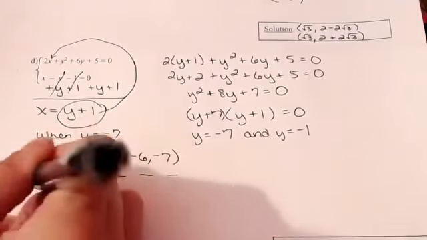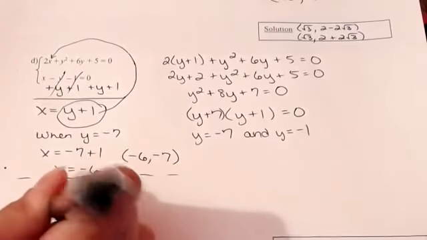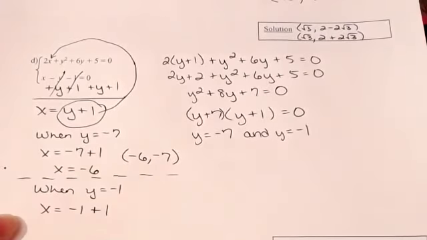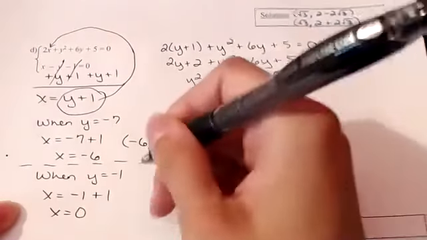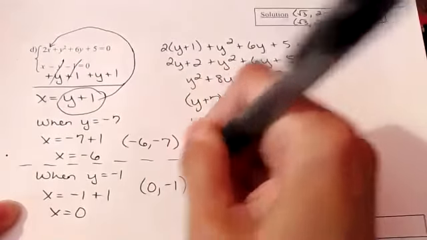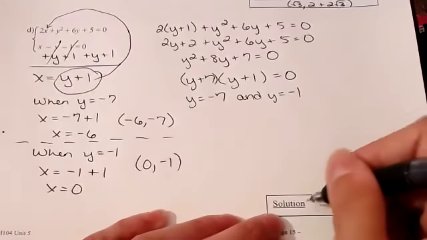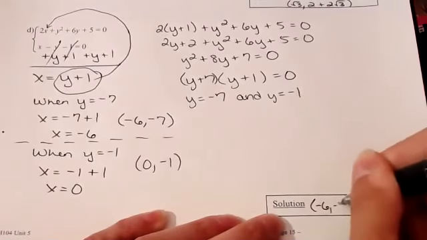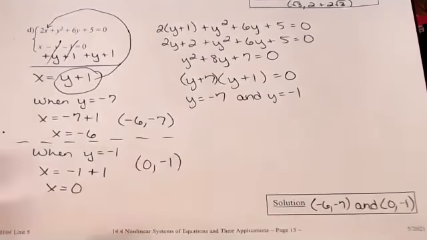We're going to do it again, except this time y is equal to negative 1. So x is equal to negative 1 plus 1, which means x is going to be equal to 0. So our second point of intersection is a y-intercept, 0, negative 1. So let's go ahead and write our solutions here, negative 6, negative 7, and 0, negative 1.